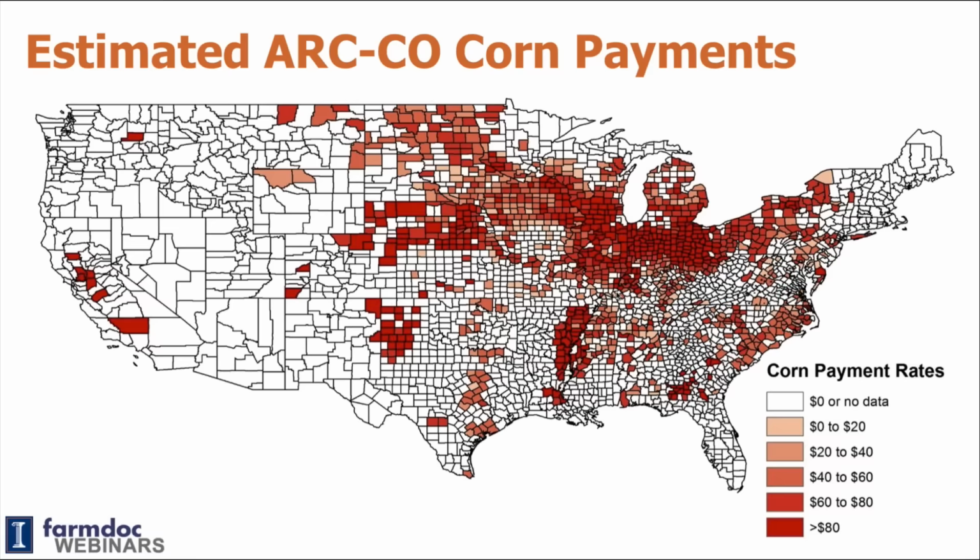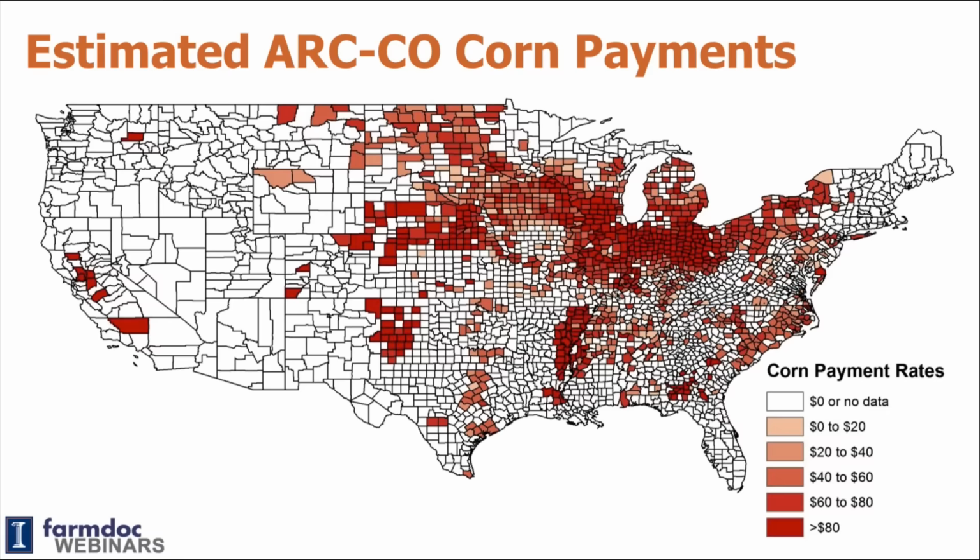That's if you go to FSA's website and you want to look at, for example, what the payment was in your county for the 2014 year, or what payments were in other counties. FSA does have a spreadsheet for the ARC county program that shows all crops, all counties, all practices, what the yield histories are for each county, what their FSA yields were for 2014, what the prices were, the benchmarks, revenue guarantees, all that information.